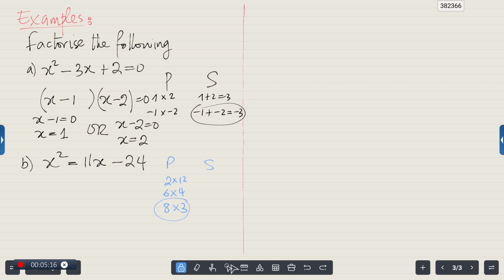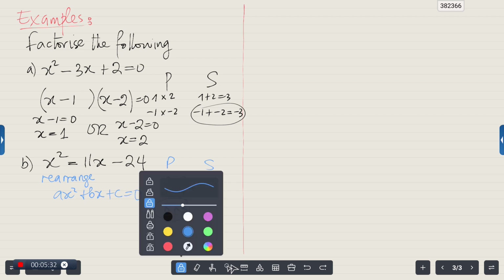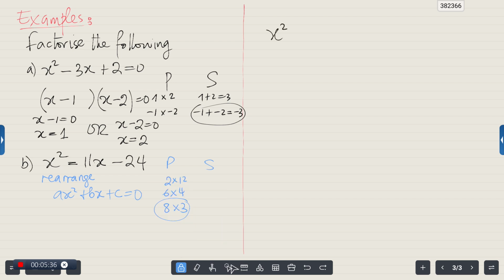Now, before doing the product, we need to rearrange our equation in the form ax squared plus bx plus c equals 0. So this means x squared, we transfer the 11x this way, becomes minus 11x.